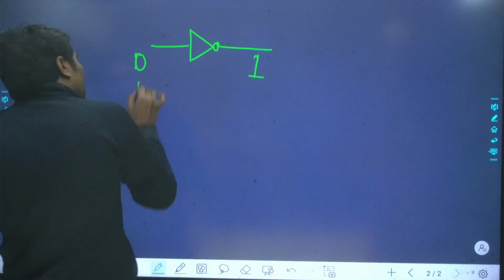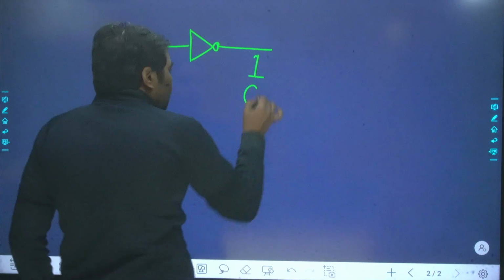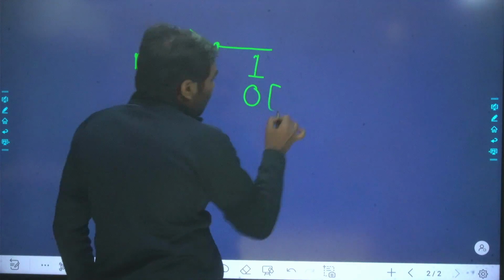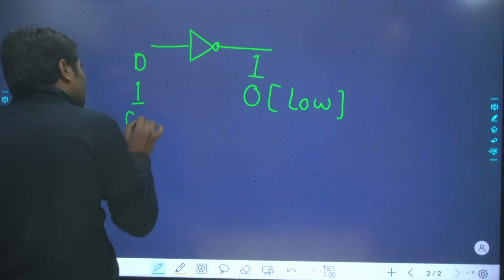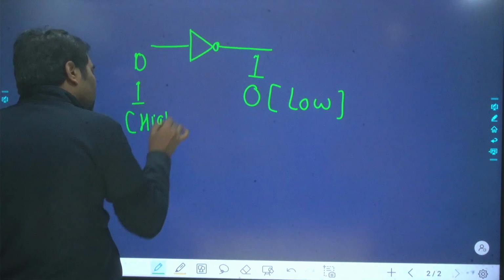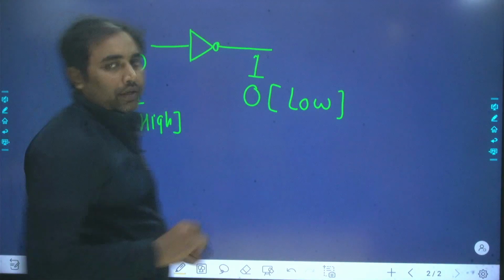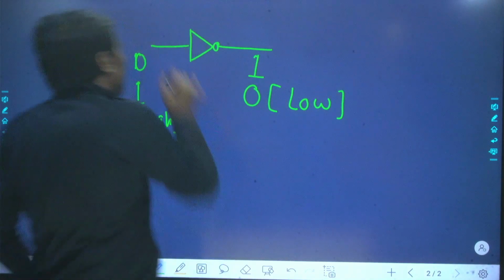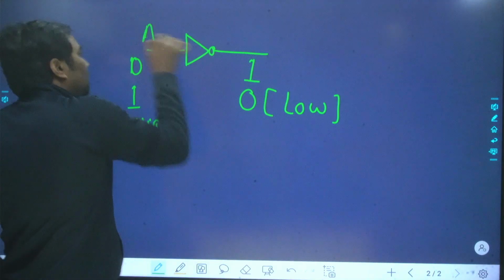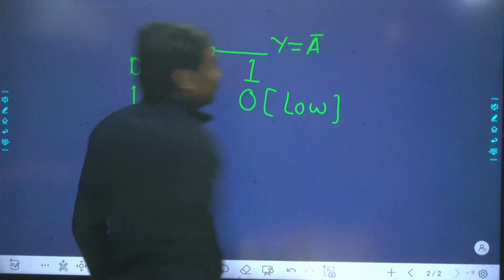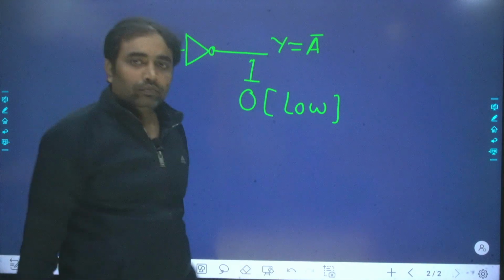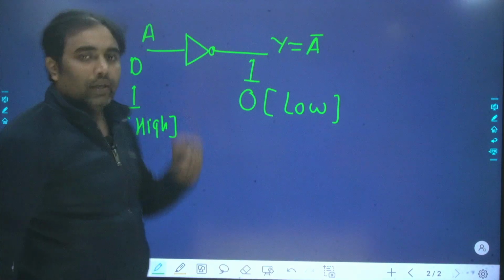When we apply 1, we are getting 0. 0 means low and 1 means high. Just a complement. Suppose if I apply the variable A, the output we are getting is A bar. This is the NOT gate.